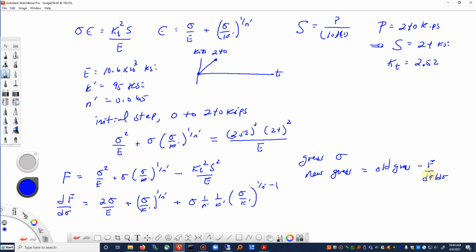Of course, if we were to exactly guess the right sigma on the first try, then our f would go to 0, and our new guess would not be any different than our old guess, and then we would have converged. But what you can do is set a convergence criterion. You can also use a spreadsheet and use the solver as we talked about previously in Excel. All right, let me pause the video here and let me put this into my own spreadsheet and let's see what we get.